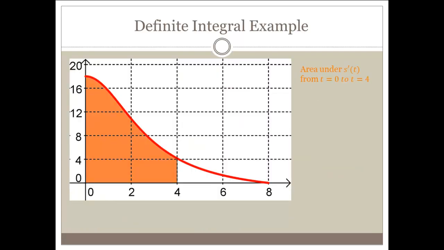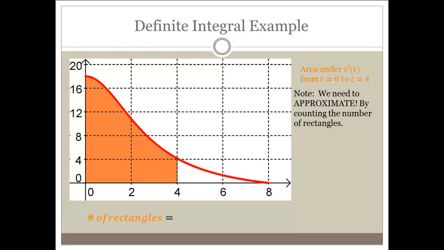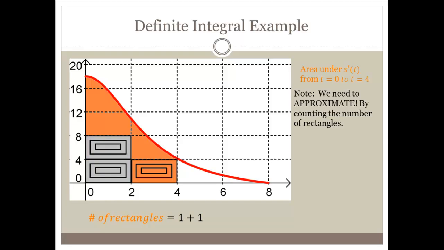Remember, for the first one, we are trying to find the area under s prime of t from t equals 0 to t equals 4. It's important to point out that since we can't find the exact area, we need to approximate it by counting the number of rectangles under the curve. We will start by counting our full rectangles. We have 1, 2, 3 of them.